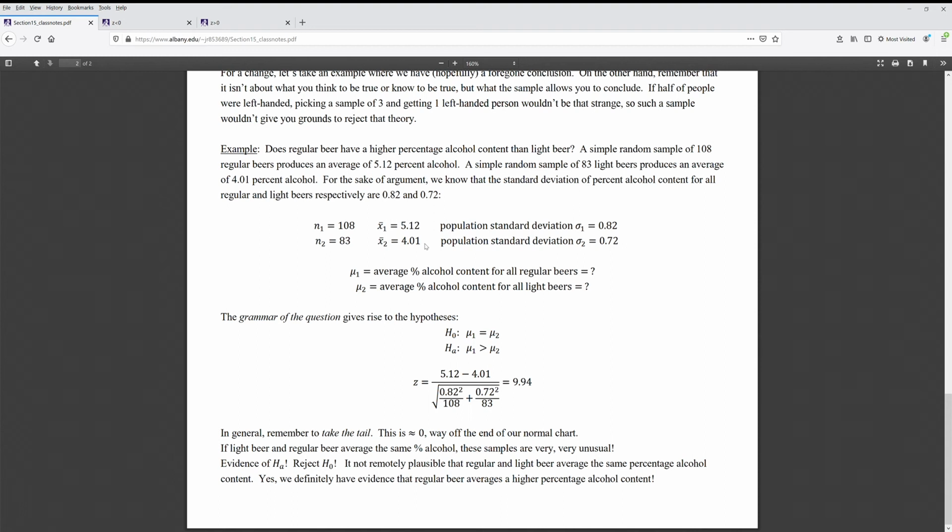What is our actual question? Does regular beer have a higher percent alcohol content than light beer? That should tip you off that we're interested in a one-sided alternative. Notice, by the way, that as long as you can figure out that it's a one-sided alternative, which side will more or less take care of itself, particularly if you remember that in the end, a tail is not going to be more than a half.